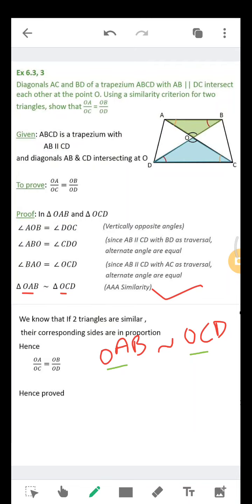OA by OC will be equal to AB by CD, or the first and last, OB by OD. This is the way we can write corresponding sides in the same ratio. As I don't require AB by CD, I am excluding it. So I am writing OA by OC is equal to OB by OD. So hence it is proved.